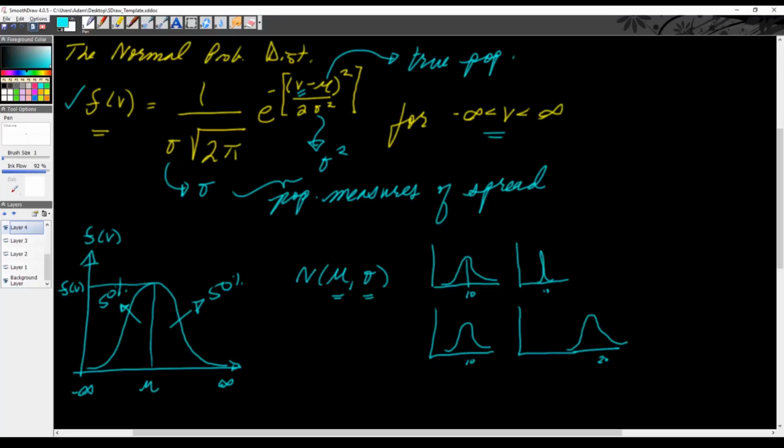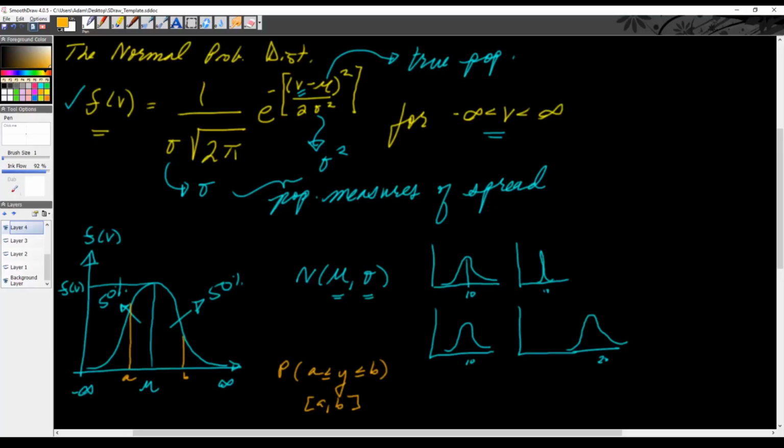So if a variable y is normally distributed with mean mu and standard deviation sigma, then the probability that y is greater than or equal to a but less than or equal to b equals the area under the normal curve with mean mu and standard deviation sigma corresponding to that interval a to b. In other words, a might be a little bit to the left of the mean and b might be a little bit farther to the right.